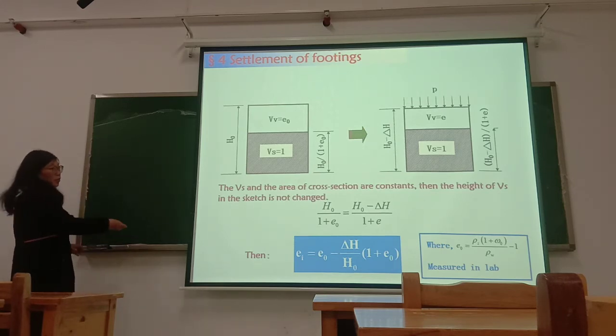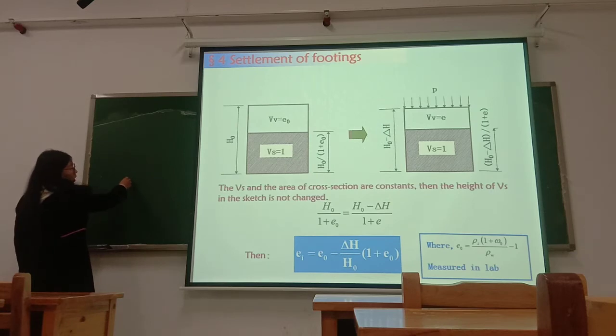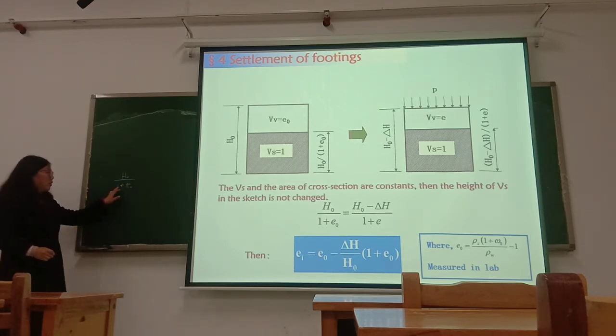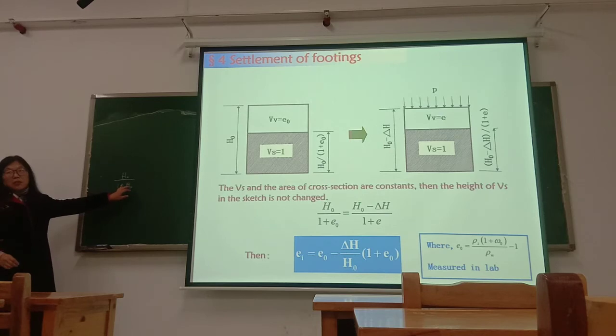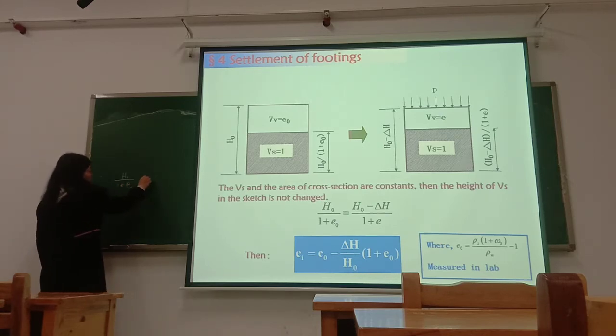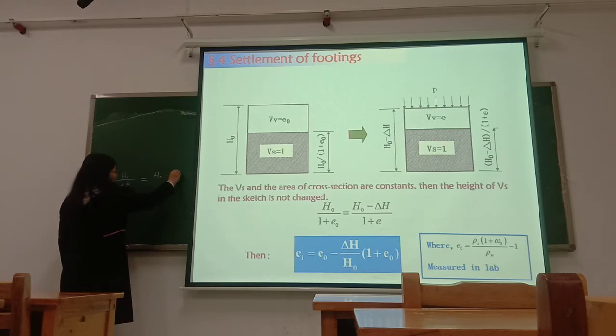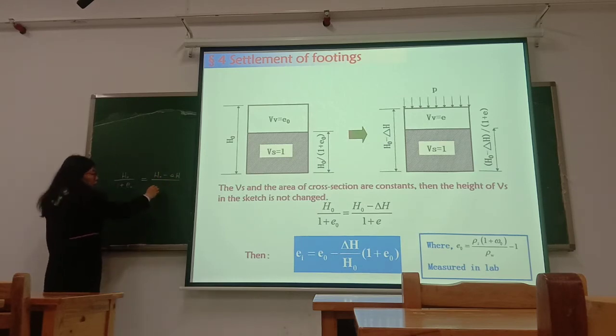Before compression, the volume of soil particles will be H0 divided by 1 plus e0. Okay? And after compression, we use H0 minus delta H divided by 1 plus e.